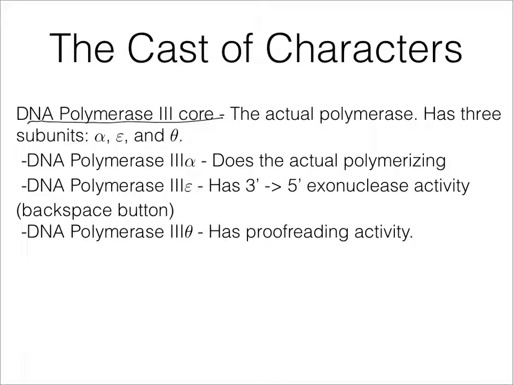And DNA polymerase 3 actually has what's called a core. All right, so imagine the core is the super important region. And then it has a whole bunch of other stuff kind of attached to it, hanging off.